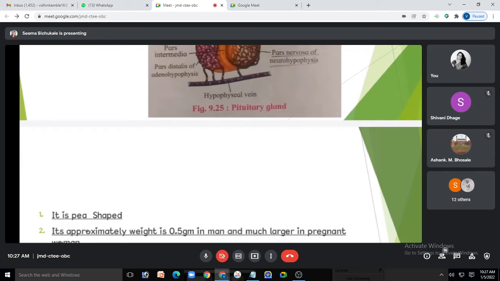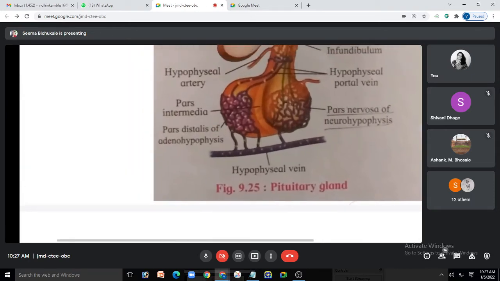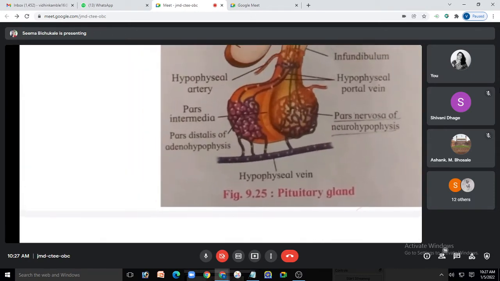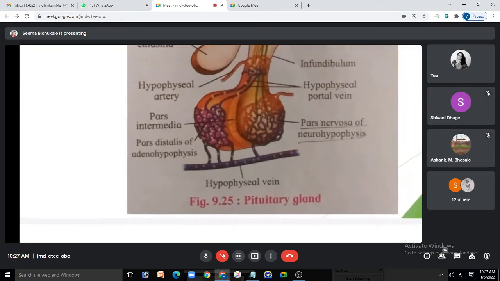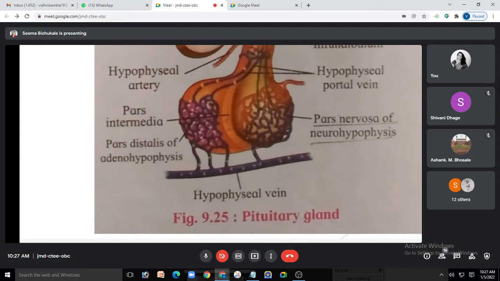Structurally, the pituitary gland is divided into the larger adenohypophysis, that is the anterior lobe, and the smaller region, the posterior lobe, also called the neurohypophysis, and the middle region called pars intermedia or intermediate lobe.